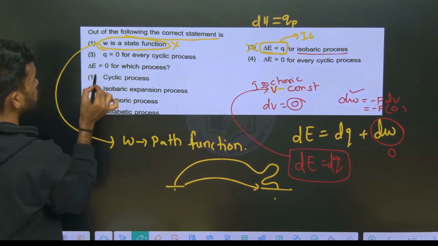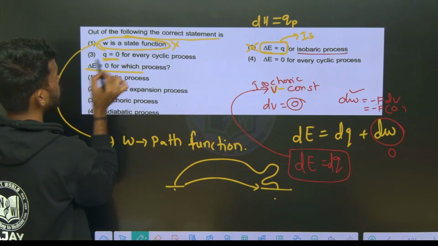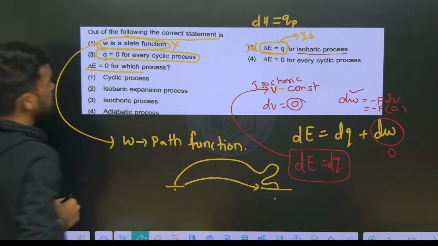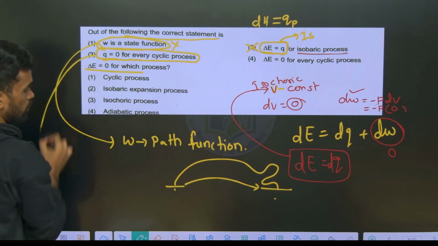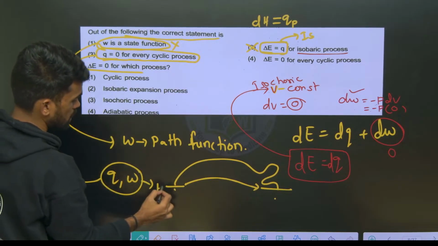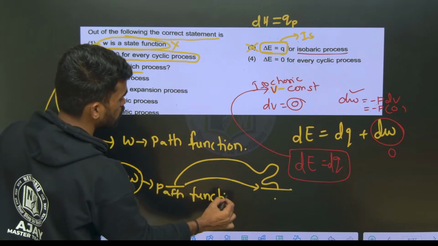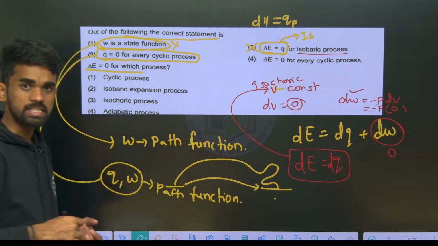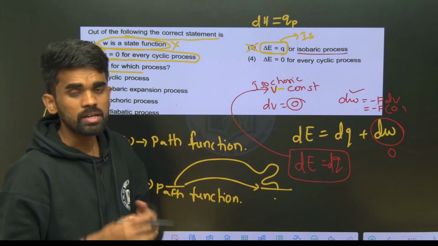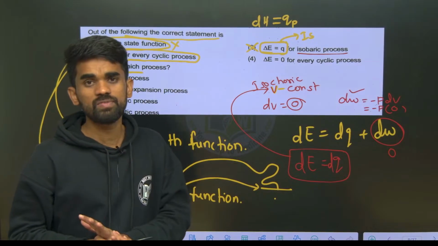Next, we have Q equals 0 for every cyclic process. See, remember, Q and W are path functions. Q may or may not equal 0 for a path function in a cyclic process, but for all state functions, the net change in a cyclic process will be 0.